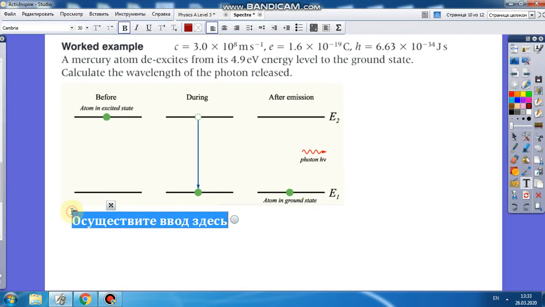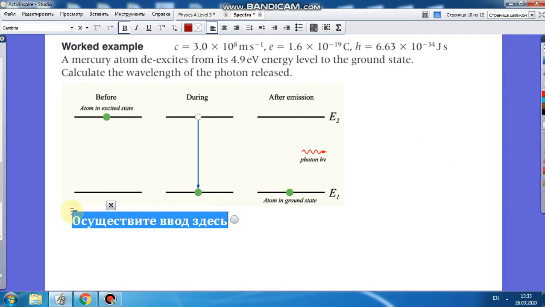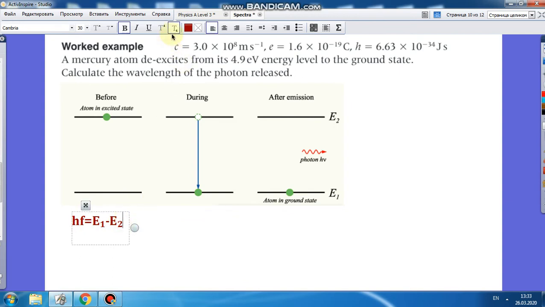To calculate the wavelength, first we must find the frequency. The frequency formula is this: hf is equal to E1 minus E2. So this is the energy of the photon. h is the Planck's constant, f is the frequency, and E1 minus E2 is the difference between energy levels.